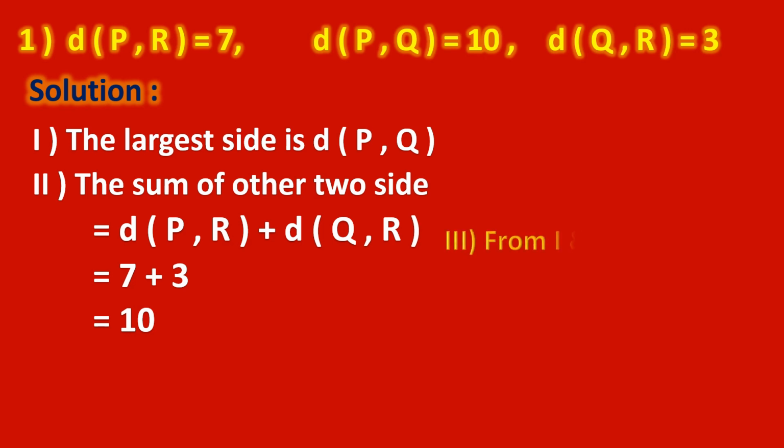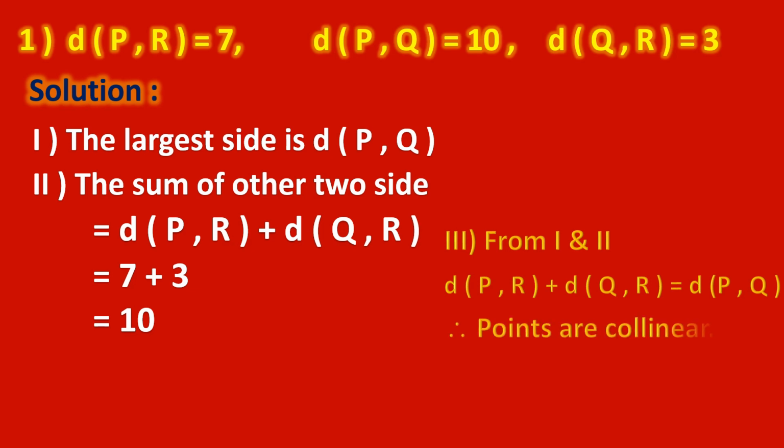Distance PQ is also 10. So from first and second, distance PR plus distance QR is equal to distance PQ. Therefore, points are collinear. Since PQ is the largest, therefore, point R is between P and Q.